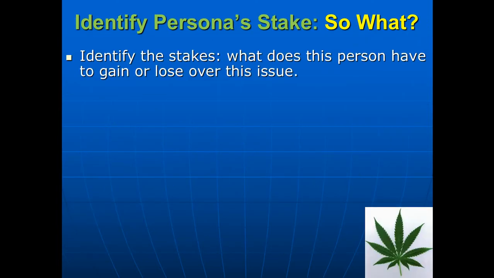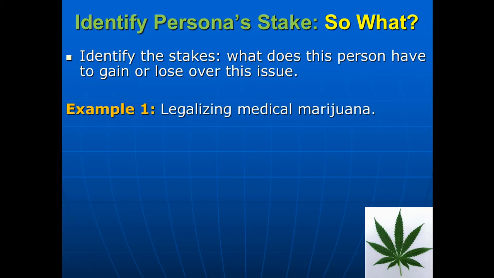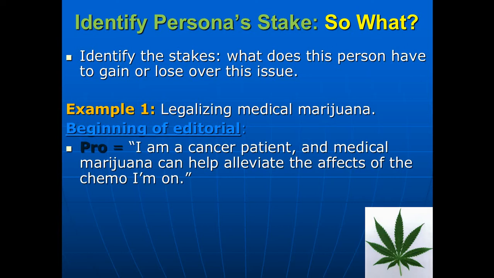The so what, what someone has at stake here, you want to identify that as well. So going back to our legalizing medical marijuana example, I am a cancer patient and medical marijuana can help alleviate the effects of the chemo I'm on. So not just who this person is, the cancer patient, but also explaining how they have something at stake. Don't assume your audience knows.